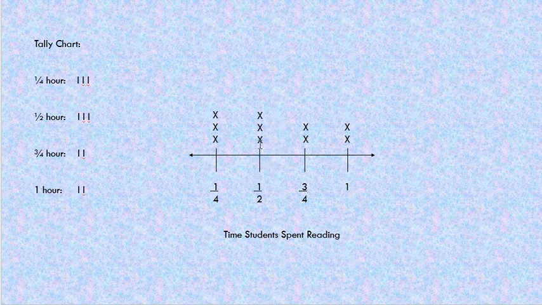There are 3 students, 1, 2, 3. You would look at your 1 hour. There are 2 students, 1, 2. And now to find the difference, you would subtract. 3 take away 2 equals 1. So one more student read for half an hour than for 1 hour.